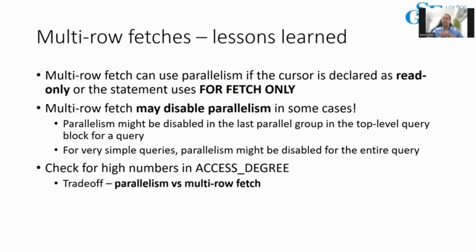We were wondering what's going on, and then IBM replied that in some cases multi-row fetch can use parallelism. If you have a read-only cursor, it can do the fetches in parallel, which is cool. But in some cases this parallelism might be disabled, which means that it can be very slow compared to a single row fetch.